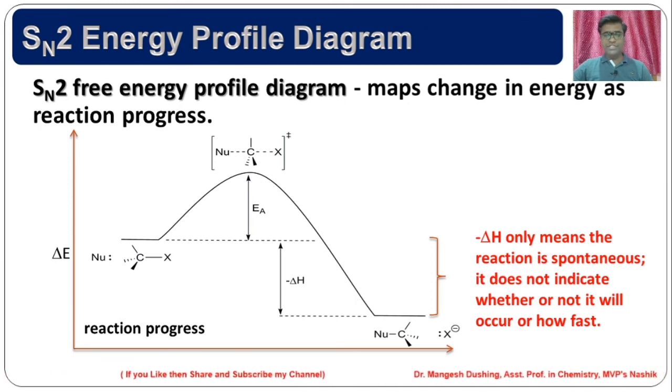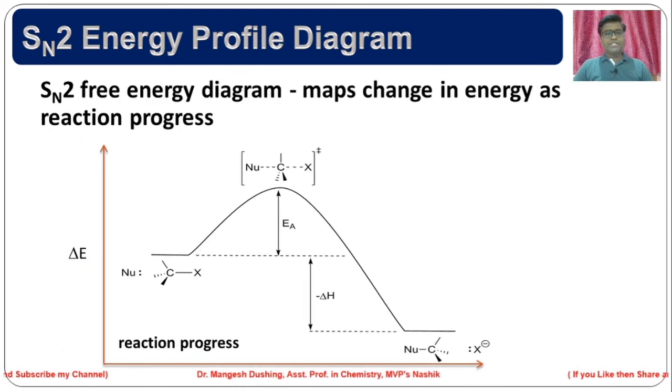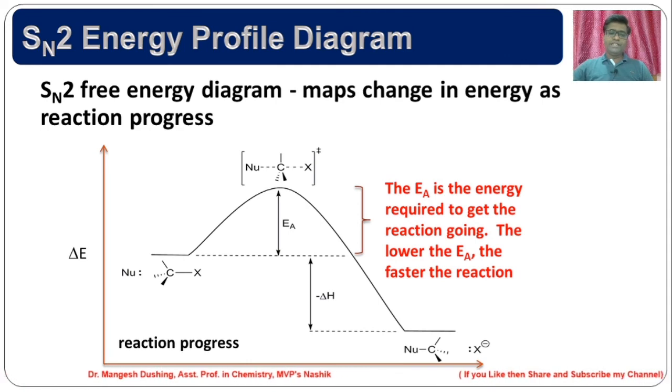The second observation is that in an energy profile diagram, the energy gap between the starting material and the transition state is called EA, the activation energy.